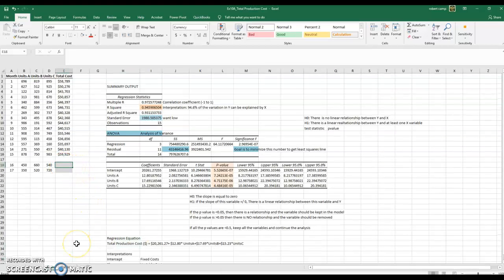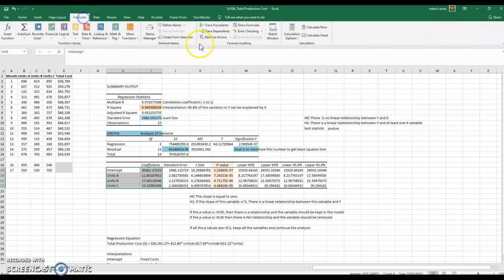And so let's use the regression equation and predict what our total costs are. So total cost, total production cost, that's our Y. And that's going to equal our intercept. In fact, let's just slap down range names really quick. So create from selection, left column, because we're going to have to lock it in anyway, and it'll be a little bit easier to see the equation.